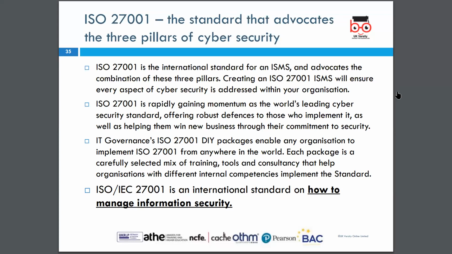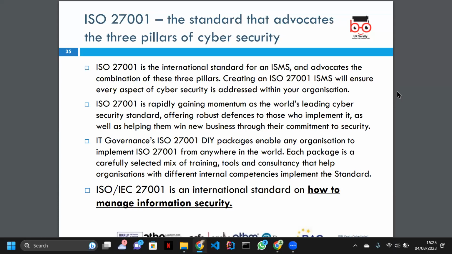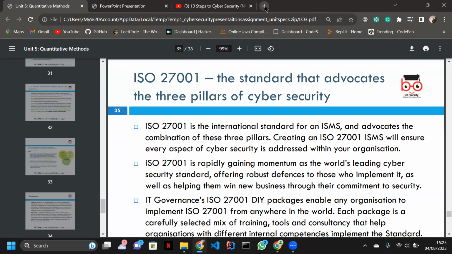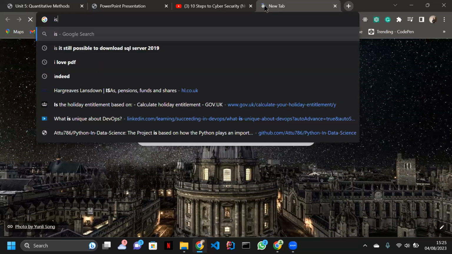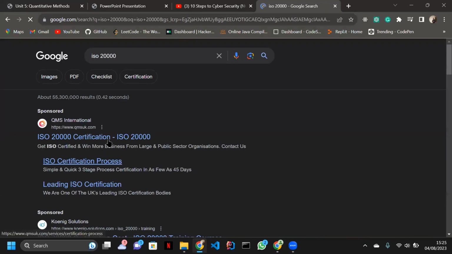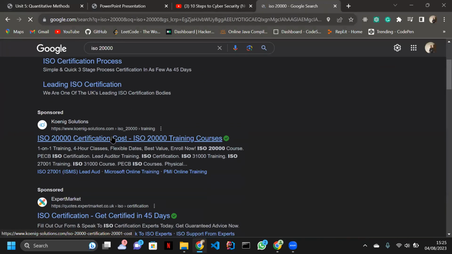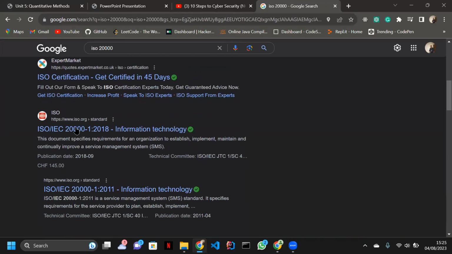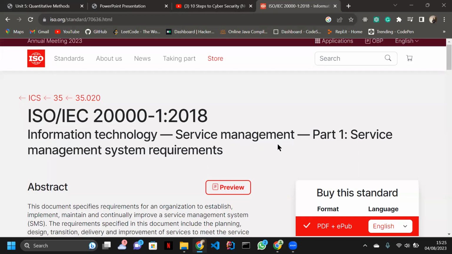There are some important regulations and standards that we need to know, such as ISO 27001. There are good certifications which I would suggest you have a look into.